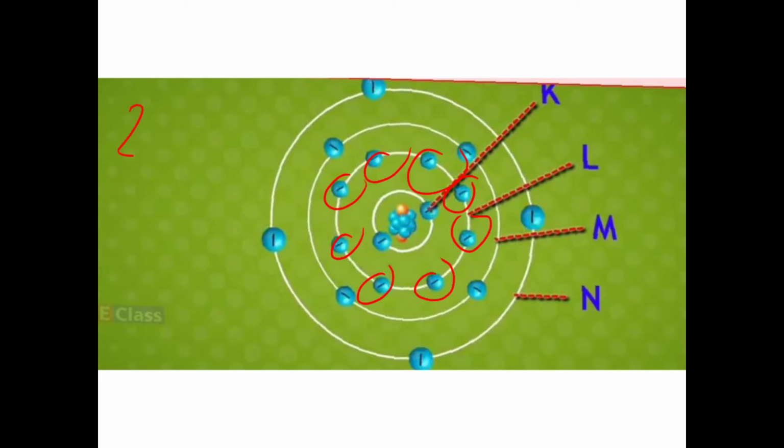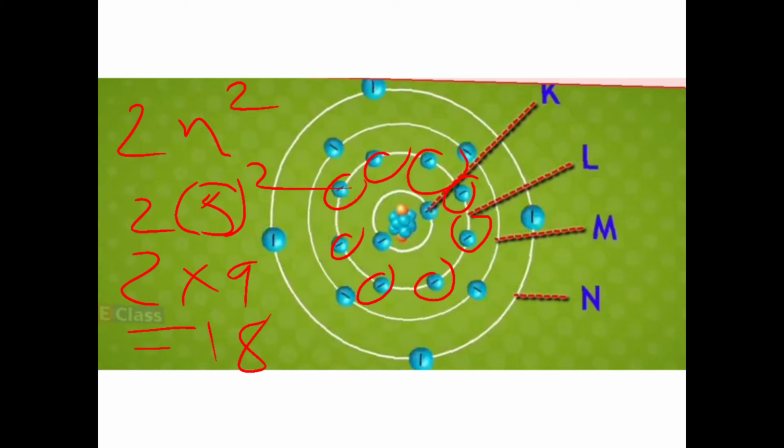Now all of you try to find out for the M shell, that is the third shell. 2 into 3 square. 3 square is 9. So it is 2 into 9, that is 18. So we have 18 electrons in the third shell.